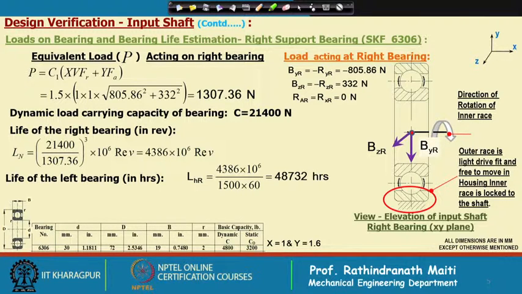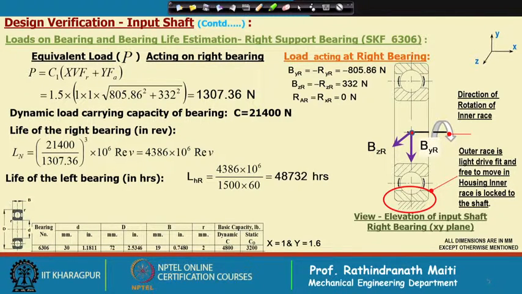If we calculate the life in hours, this input shaft is rotating at 1500 rpm. So, in an hour it is 1500 into 60 revolutions, and we divide the life in number of revolutions by that amount, which is very large.